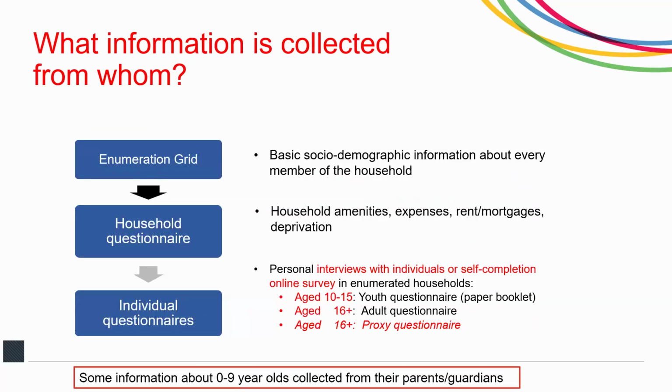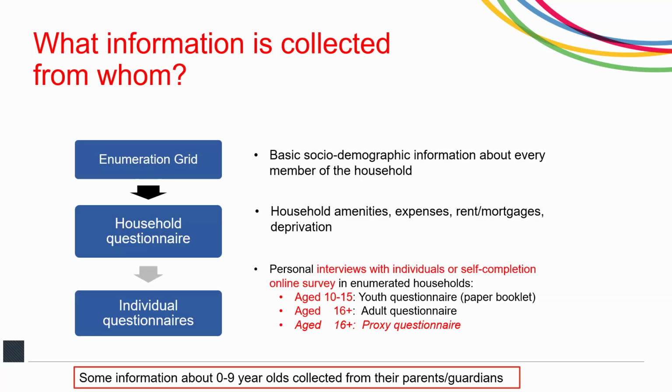So how do we collect the data? We can break that into three parts. The enumeration grid, which collects basic socio-demographic information about every member of the household. Household questionnaires, which contain questions about household amenities, expenses, rent and mortgages, and so on. And individual questionnaires, so personal interviews and surveys, or a self-completion online survey, in enumerated households.